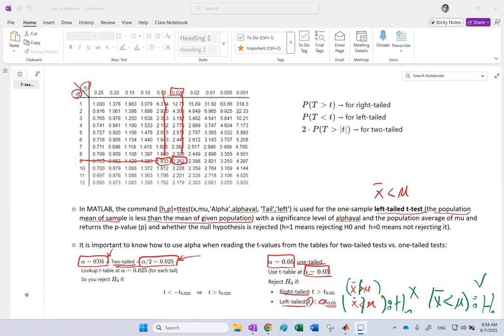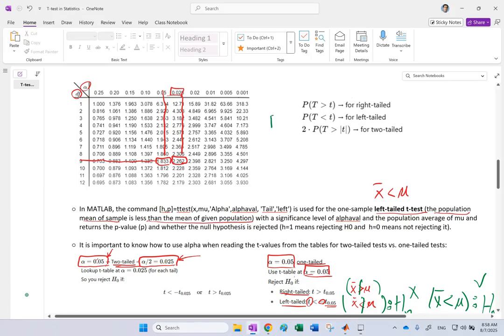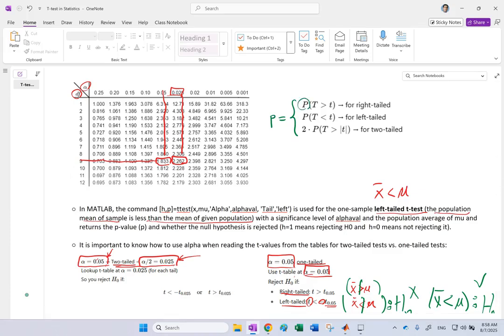So the p-value here is equal to the probability of the t that you find from the table being bigger than your t statistics, less than your t statistics, or 2 times p of t bigger than absolute value for two-tailed, or left or right-tailed t-test.